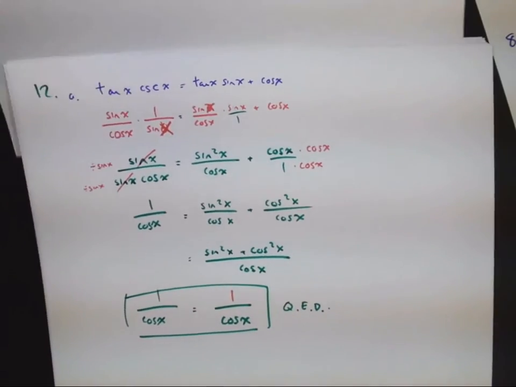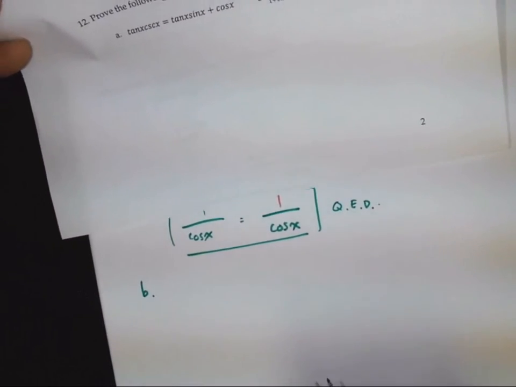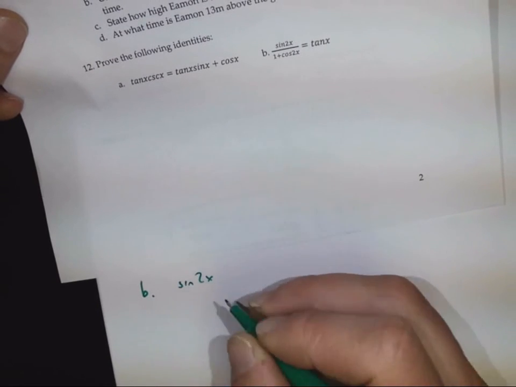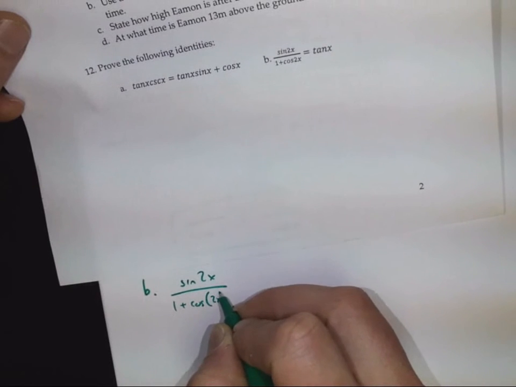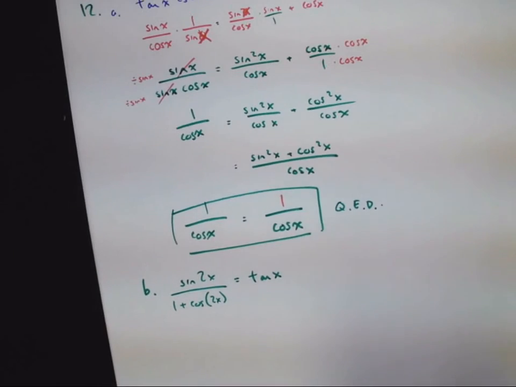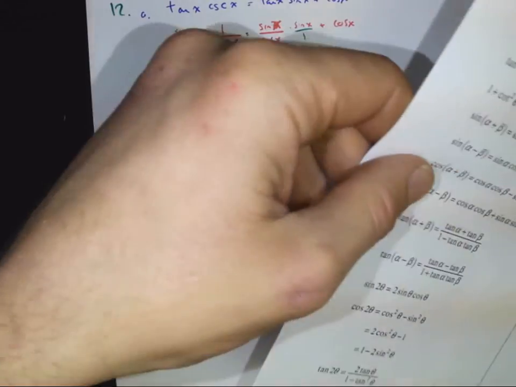All right. Last question, 12b. So b says we've got sine 2x over 1 plus cosine 2x equal to tan x. Okay. So we want to express everything in terms of sine theta and cosine theta.